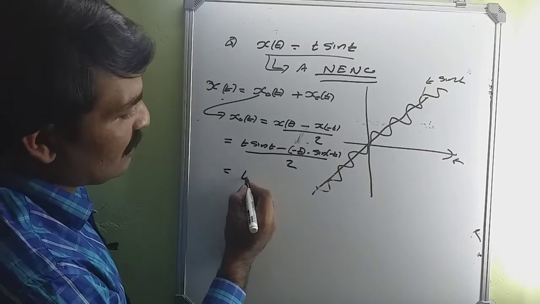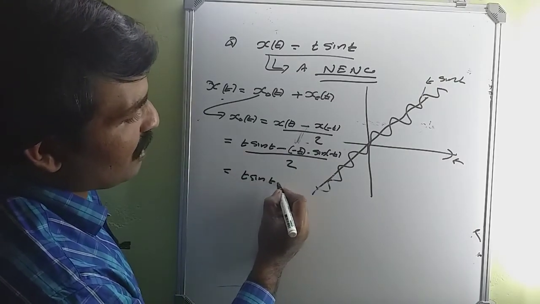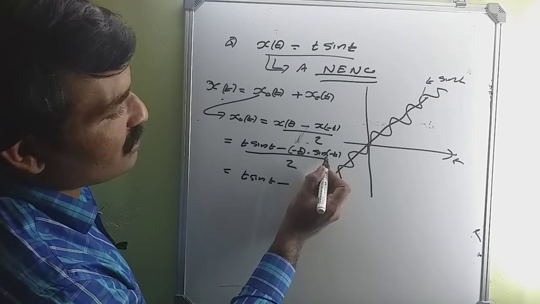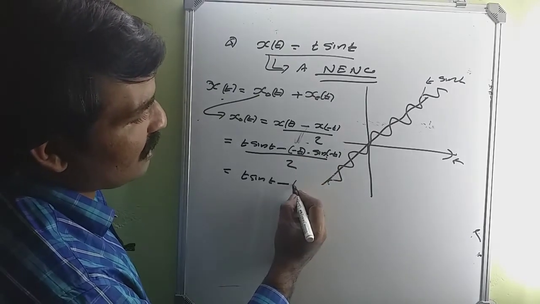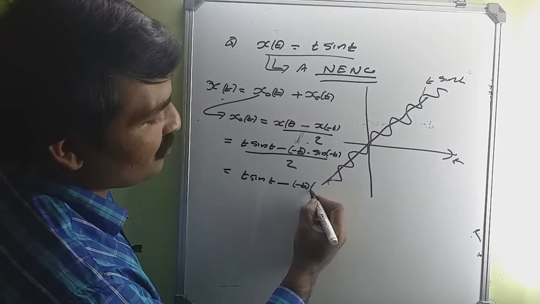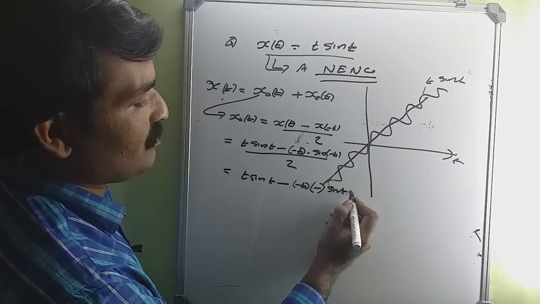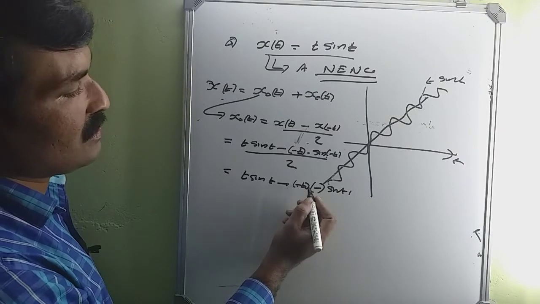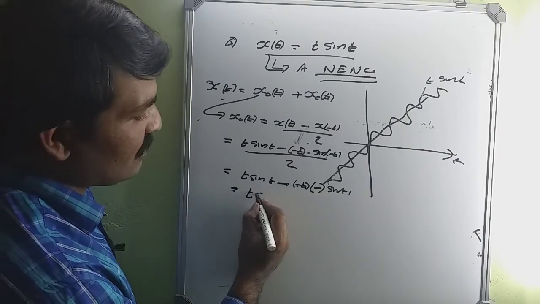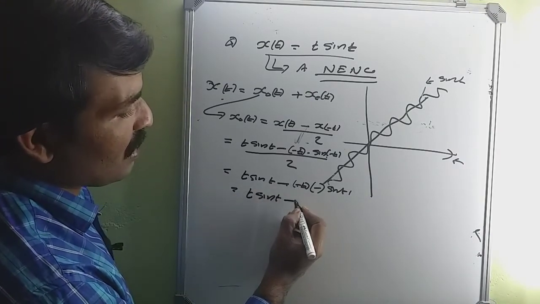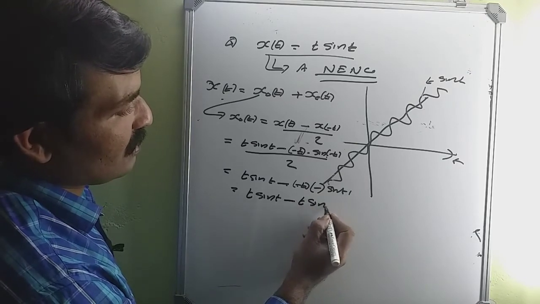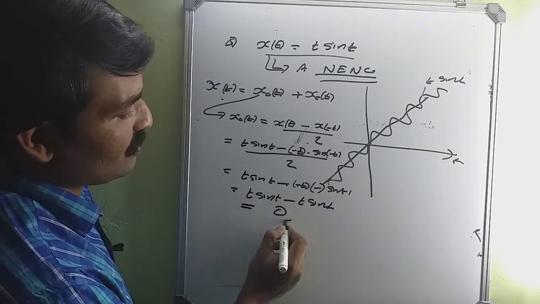That is t sin t minus, minus t, and sin of minus t is minus sin t. This minus and minus cancel. This becomes t sin t minus t sin t, which is equal to 0.